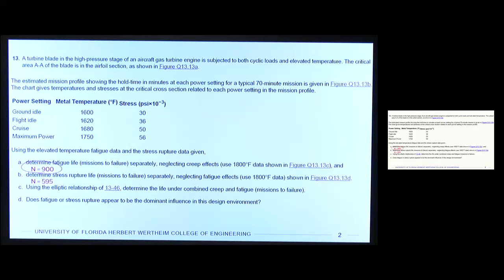We used the techniques of chapter 13 to calculate that we would be able to get about 595 missions if we only consider a cumulative life model, trying to avoid stress rupture from creep.